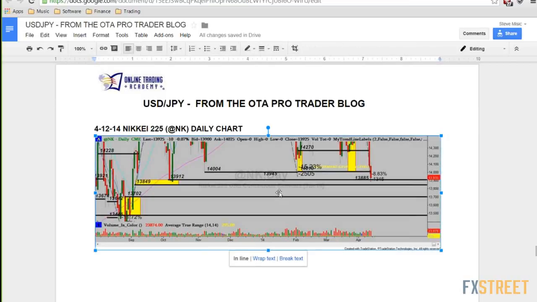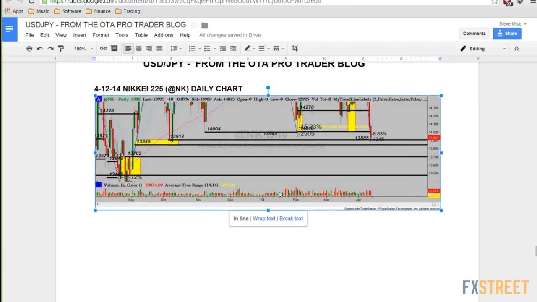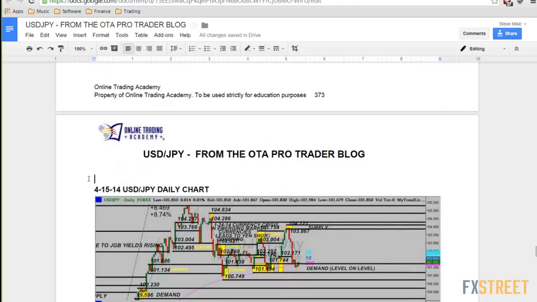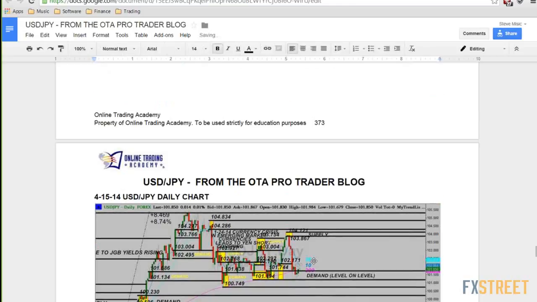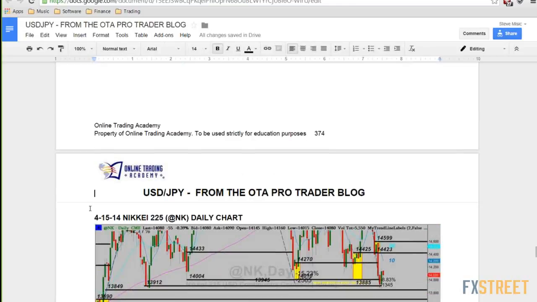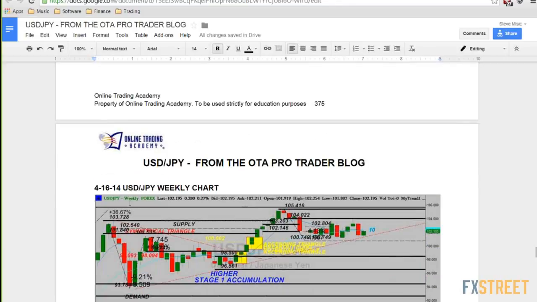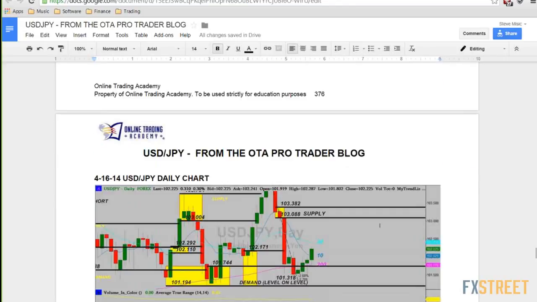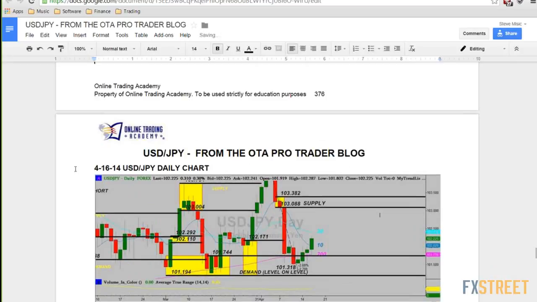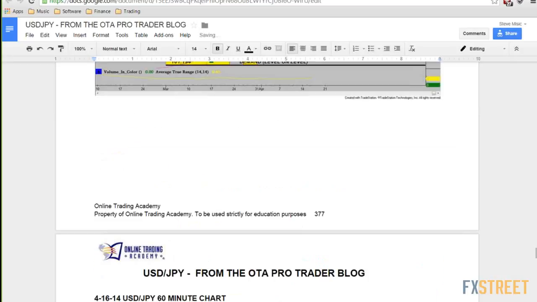But then the dollar starts to rally on 4/15 out of that daily demand level. And the Nikkei turns and rallies with it. And on the weekly chart, we're rallying just a little bit higher. And now on the 16th, we're rallying pretty strongly from the levels, along with the Nikkei.